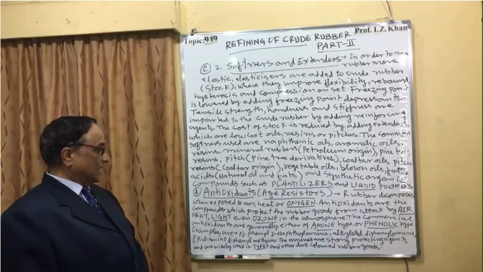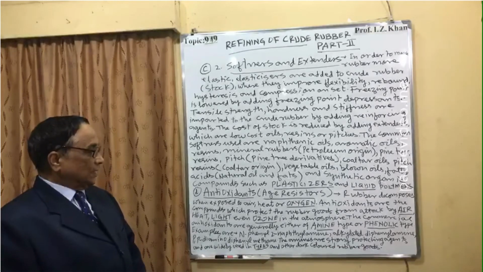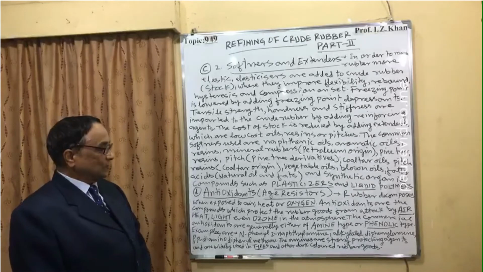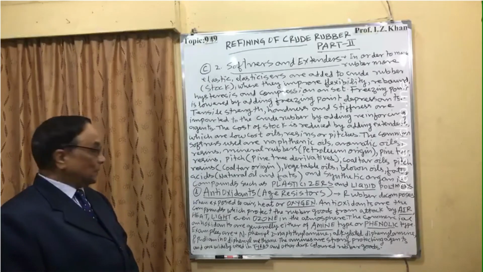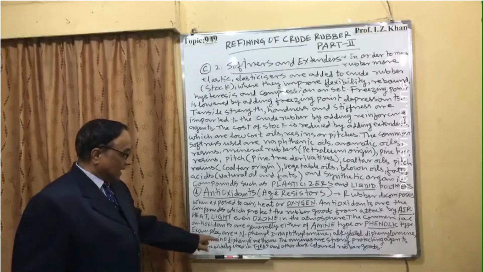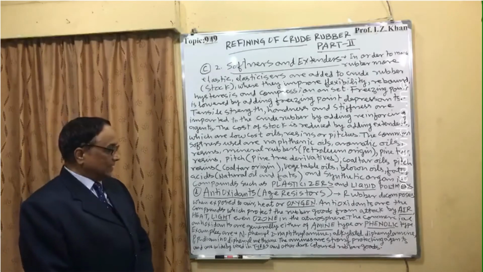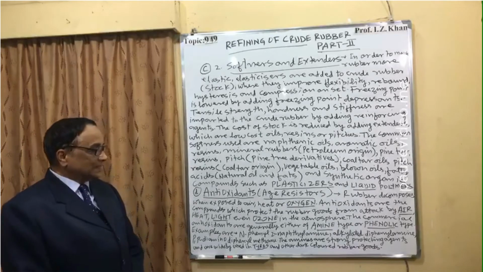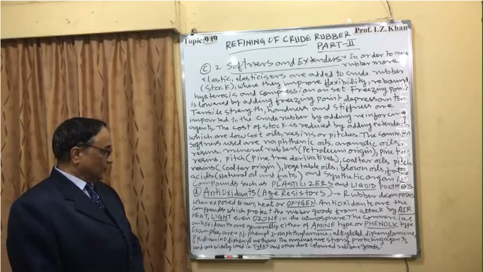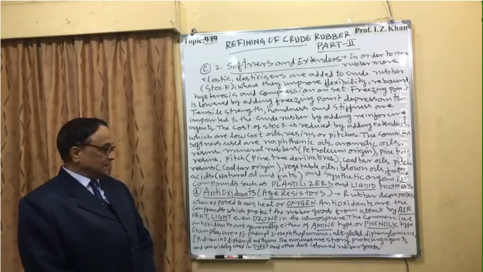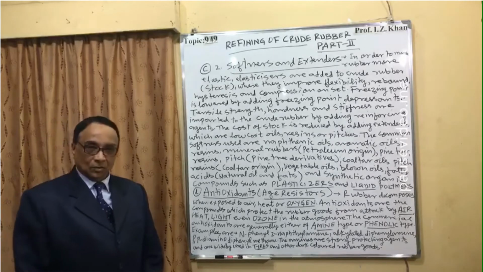For example, N-phenyl-2-naphthylamine, alkylated diphenylamine, and para-para, that is p,p'-diaminodiphenylmethane. The amines are strong protecting agents and are widely used in tire industries and other dark colored rubber goods.